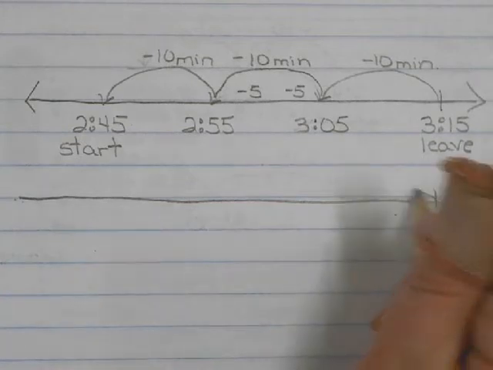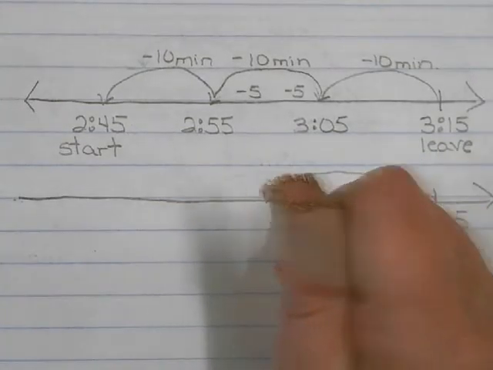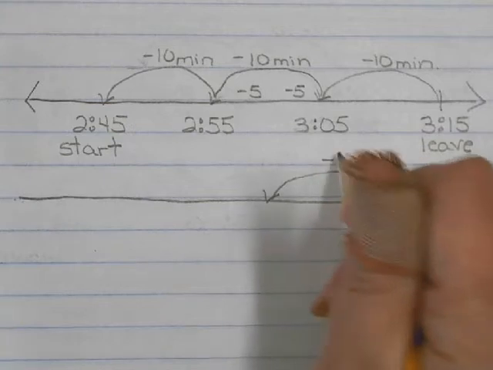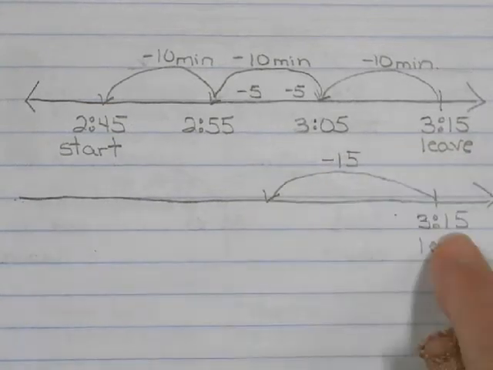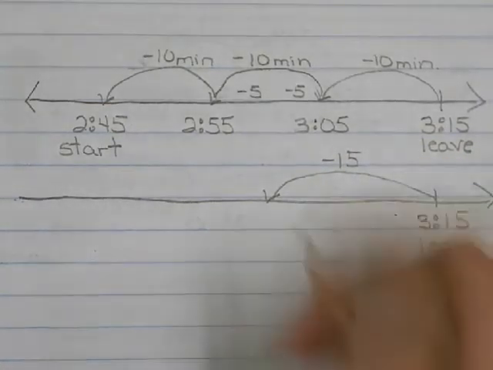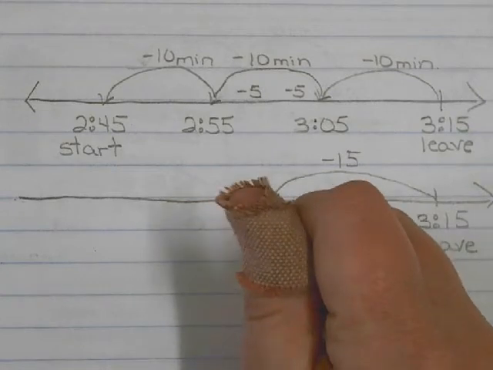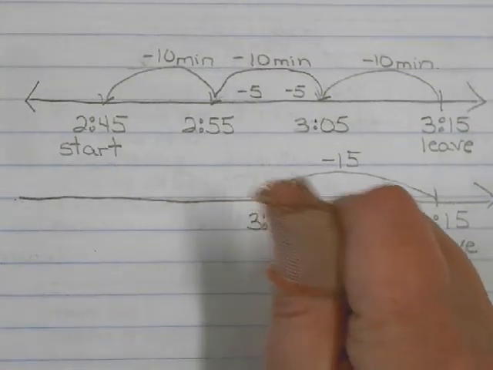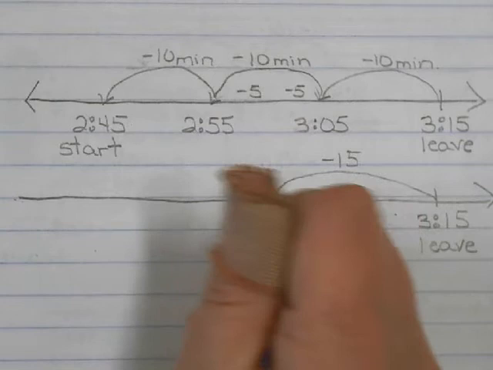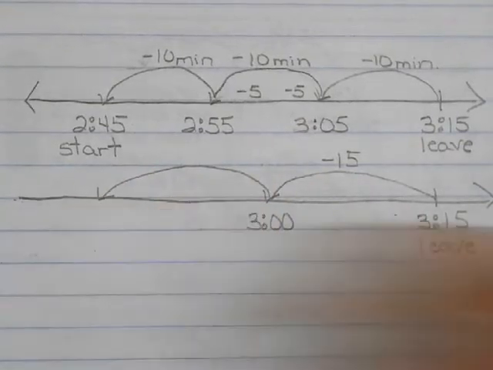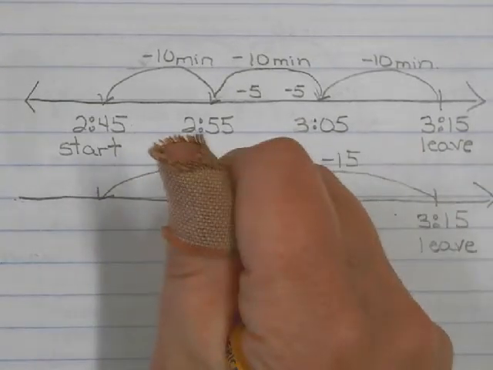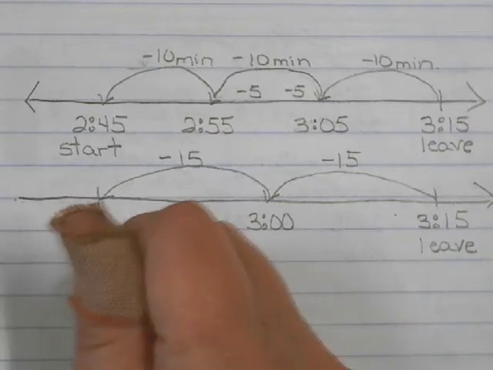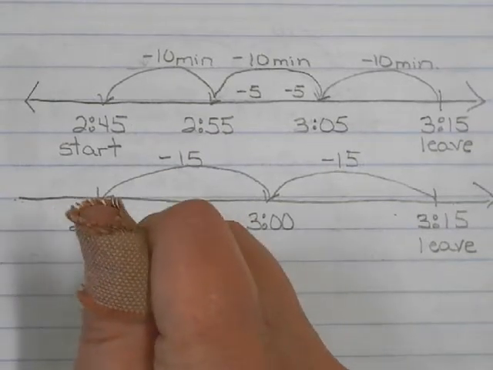If I subtract 15 minutes, that would place the time at 3 o'clock. Then if I subtract another 15-minute interval, that would place my time at 2:45.